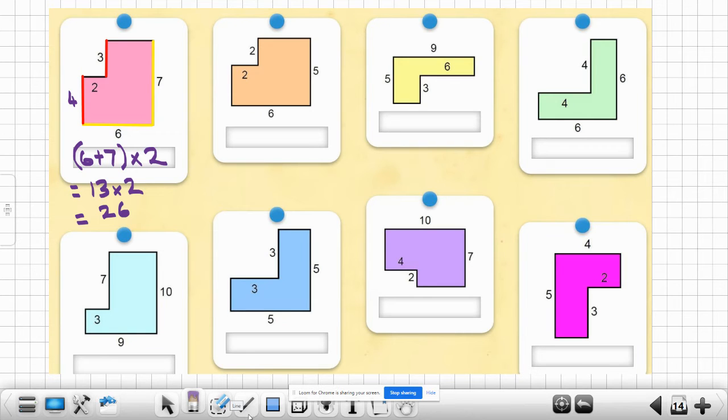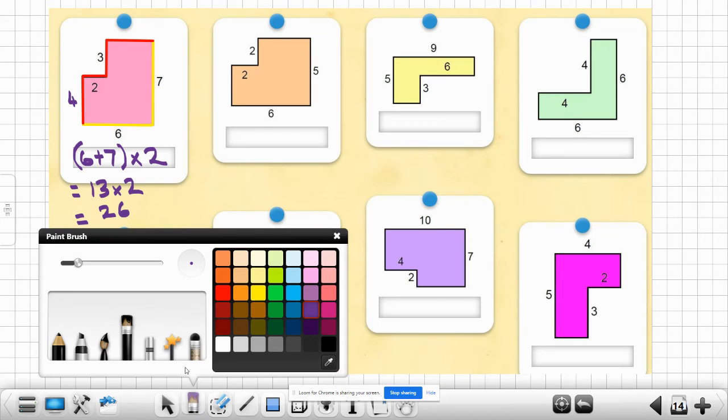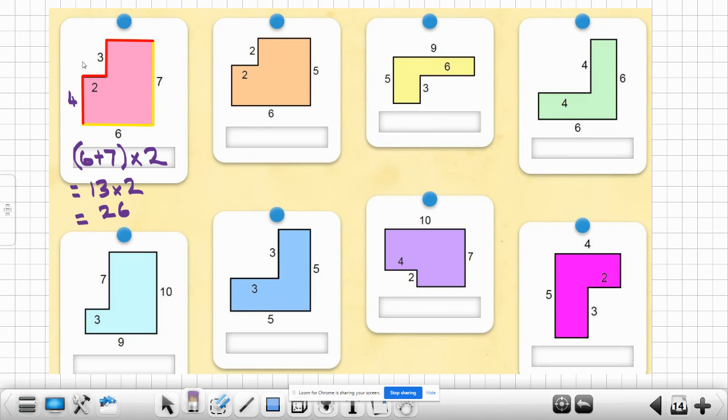Now let's have a look at how far across we've gone. So we've got to go from here to here. And we've got to go from here to here. And if you add those two distances together, you can see we've gone 2 across here, and then we've got to the other side.